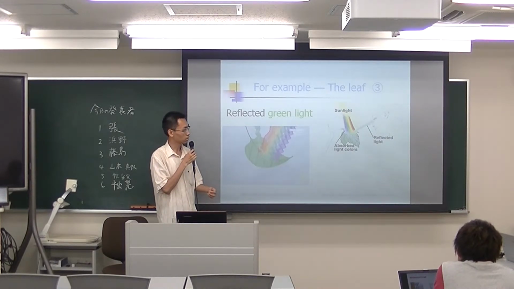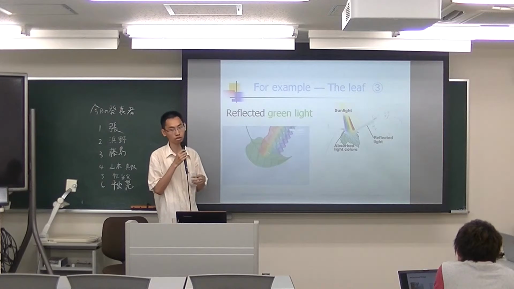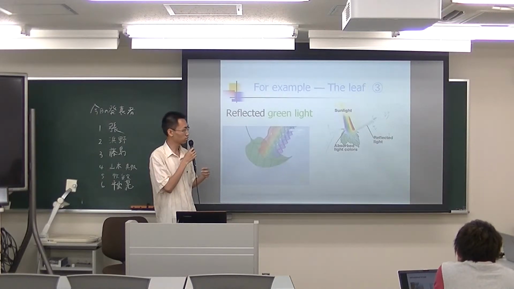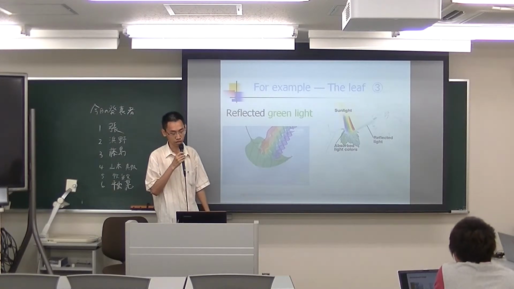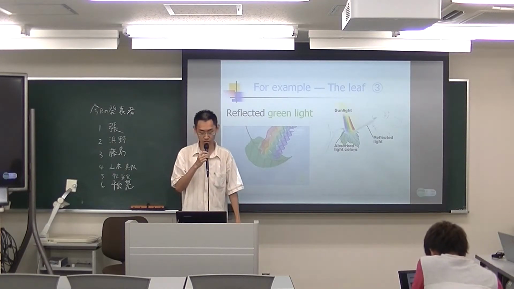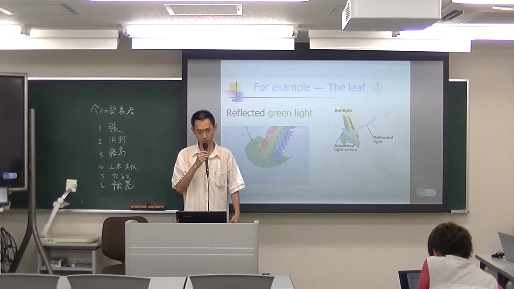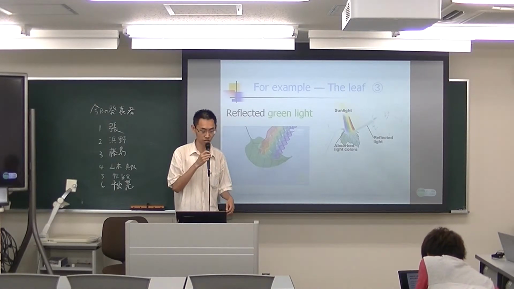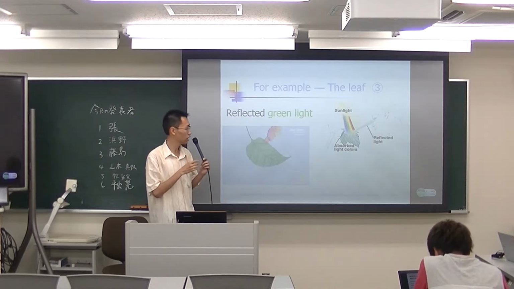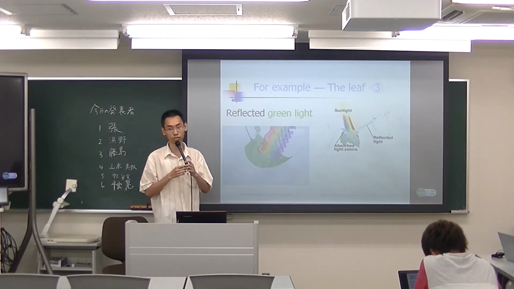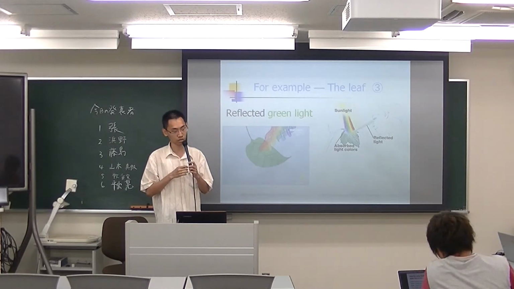Our brain interprets that the leaf is green. So this is why we can see the leaf in green. But in reality, the green light is just bouncing off the leaf.